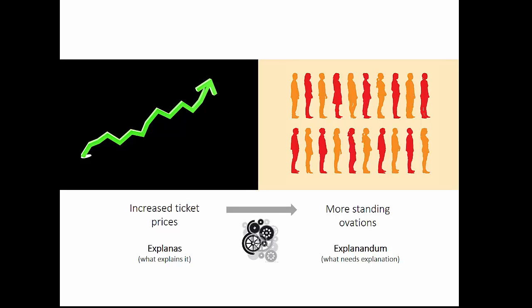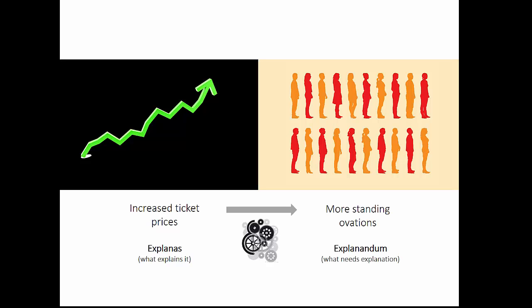On the other side, our explanans, what Elster suggests, is increased ticket prices. So we have this relationship, and we even have a mechanism in between. There's this story that I just outlined, right? People feel bad, and then they change the way they think about the show. So that's the hypothesis that we now have.